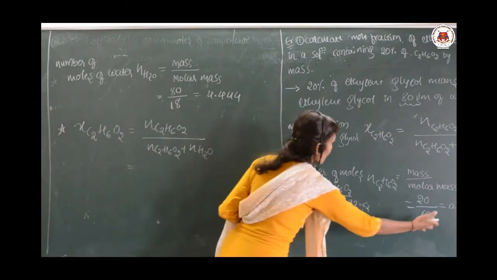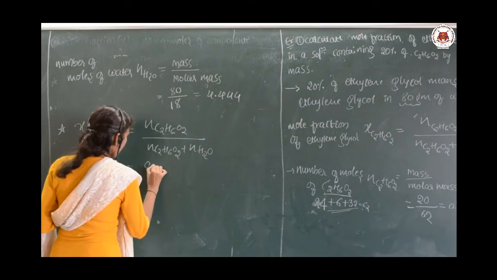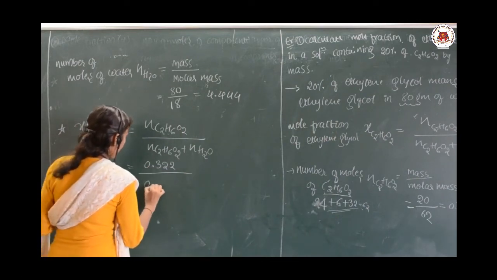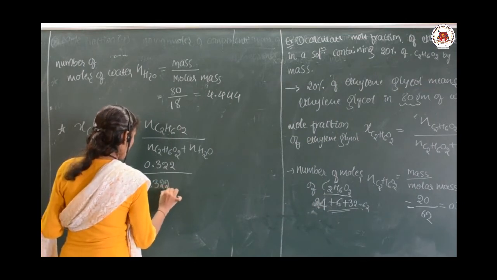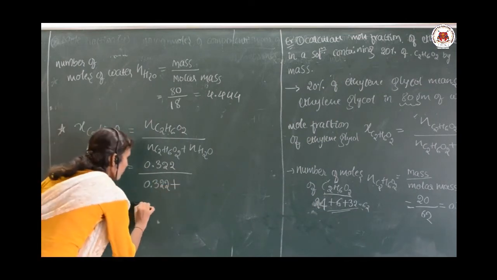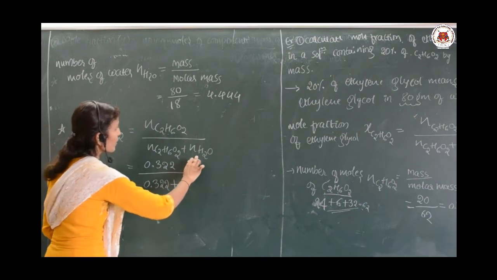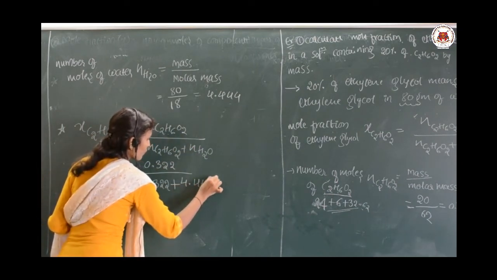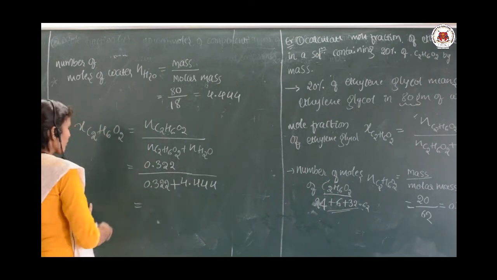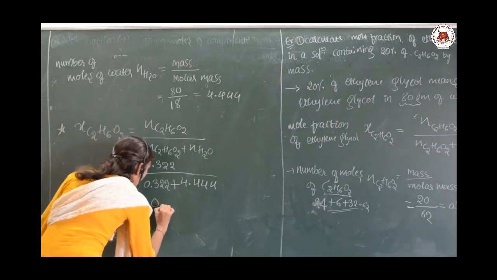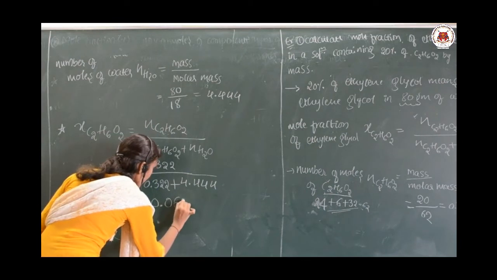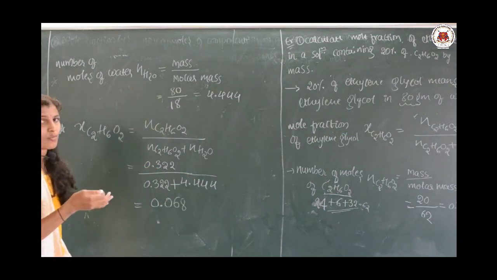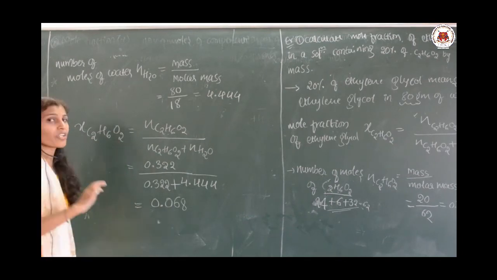What is the value? 0.322 divided by, again the same 0.322, here the number of moles of water, 4.44. So calculate this, approximately you are going to get 0.068. So this is how we can find the mole fraction of ethylene glycol.